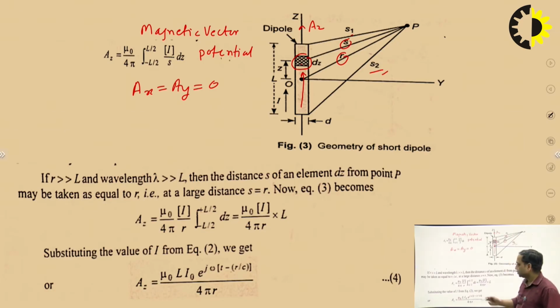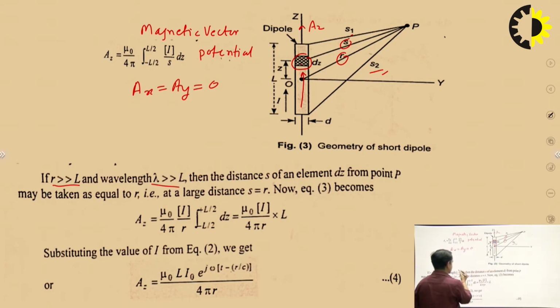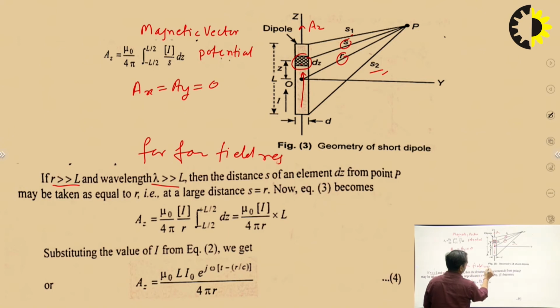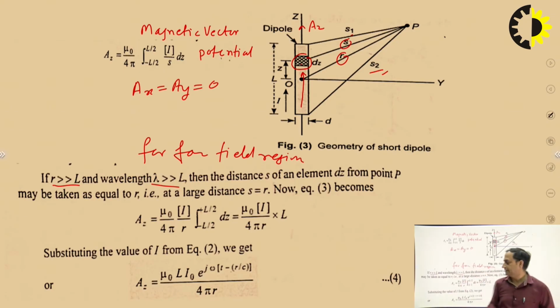So if we consider that small r is very much greater than L, what is the meaning of this? It is representing the far field region. It means the P point is very far away from the current carrying conductor.